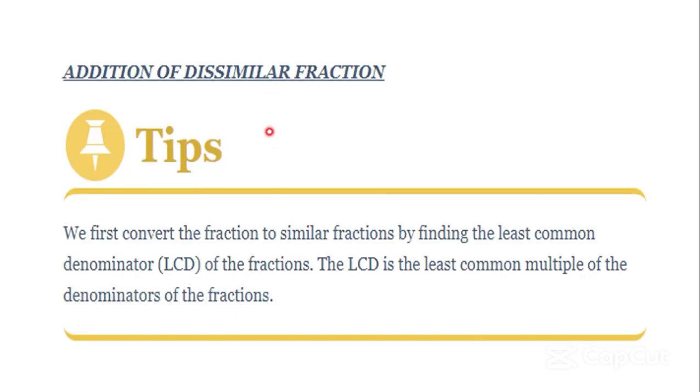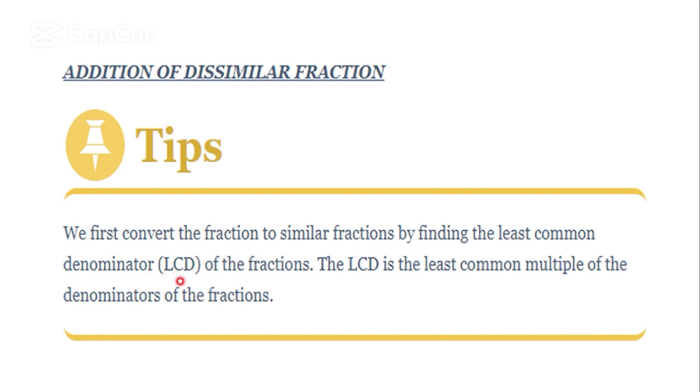How about if we have dissimilar fractions? When we have dissimilar fractions, we need to convert our fractions to similar fractions, or get their equivalent fractions. By how? By finding the least common denominator, or the LCD.